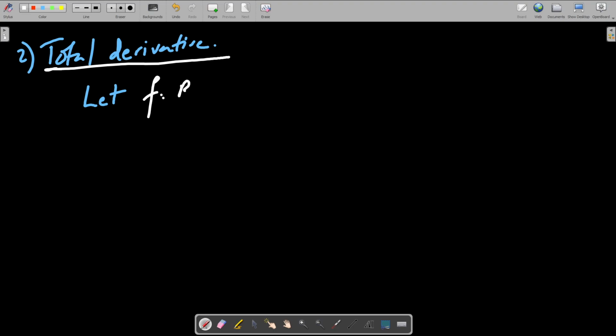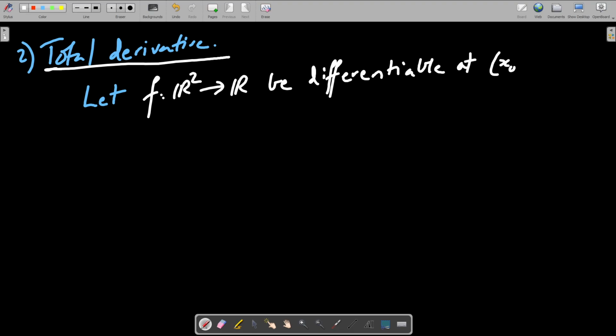Let f from R² to R be differentiable at a point (x₀, y₀).